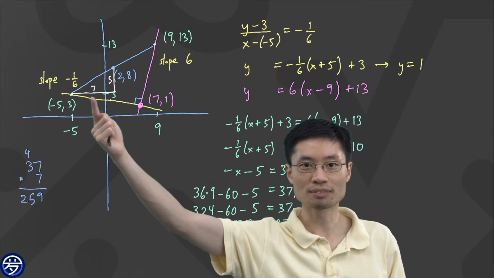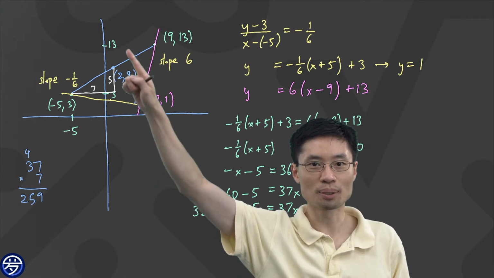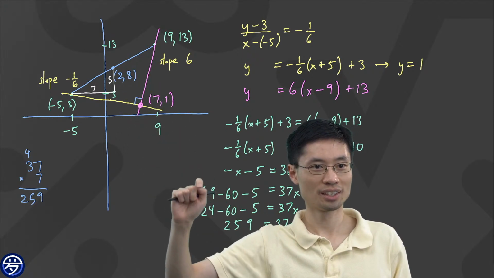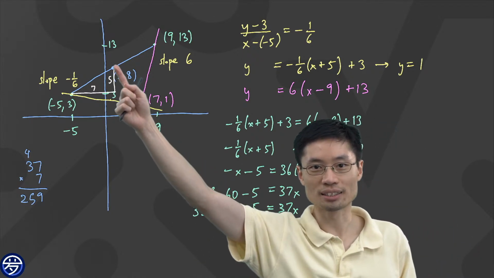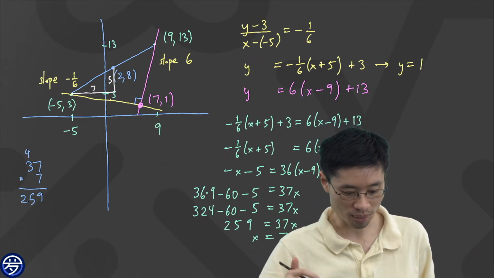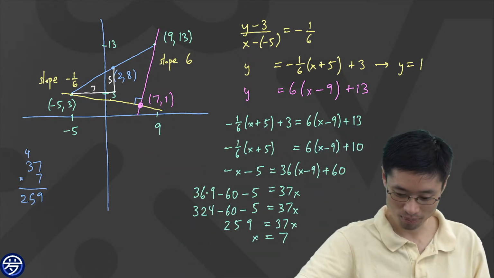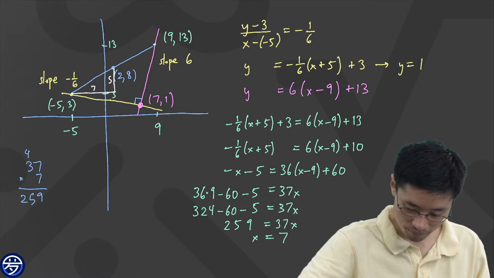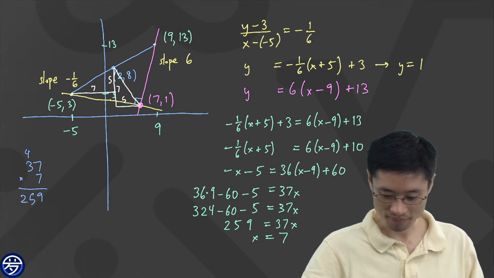From -5 to 2, I go across by 7, and then I go up by 5. Now, if I wanted to go from that center over to this corner, I go down by 7 and over by 5.